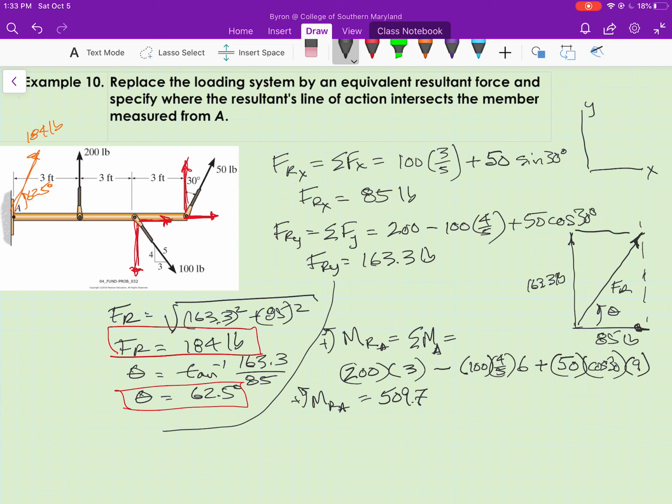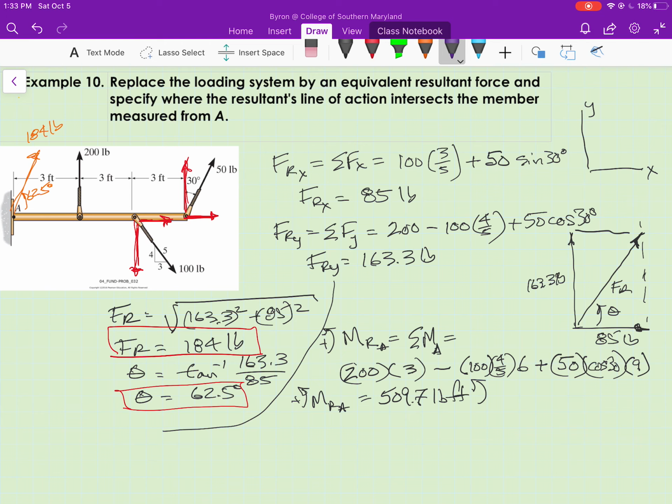And it's positive, so it's acting counterclockwise. Now let's just draw that at A before we take our final step.